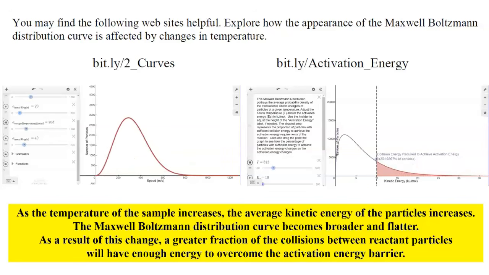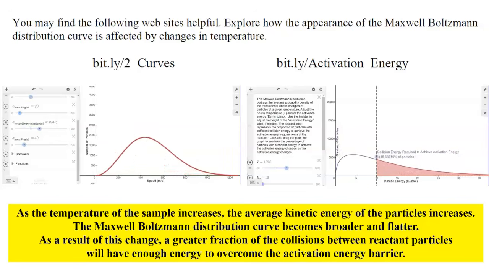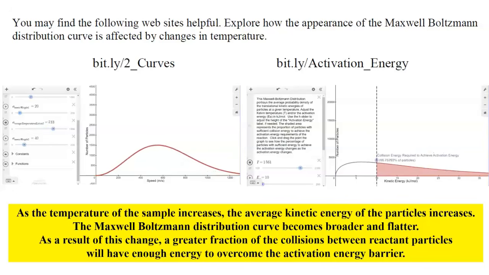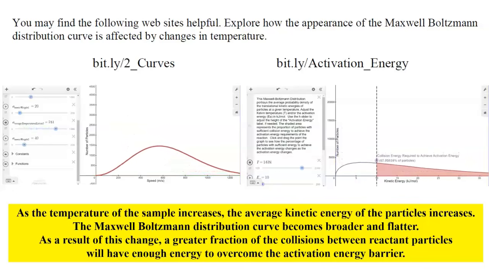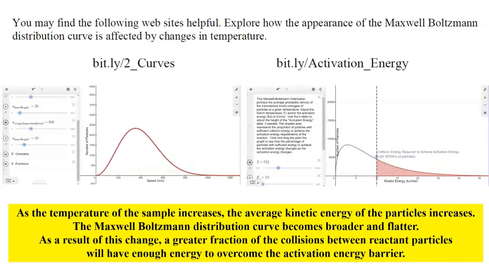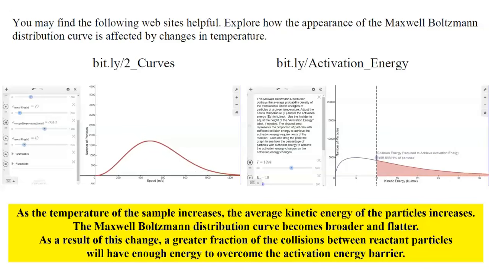So you can see that that shaded portion to the right of the activation energy in that diagram on the right is increasing. That shaded portion means that a greater fraction of those collisions have enough energy to overcome the activation energy barrier. But we are not changing the activation energy.